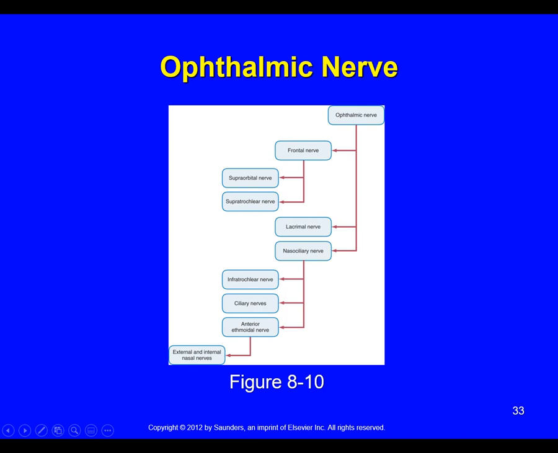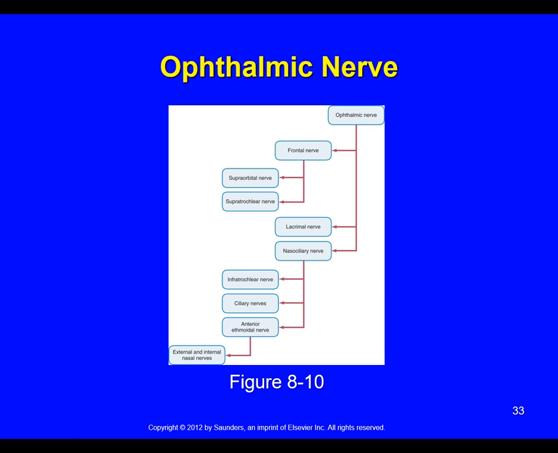Now, for the ophthalmic area, the nerve function or the area innervated is the forehead, bridge of nose, and the lacrimal gland for tears. This is a sensory portion. This V1 is a sensory portion, and it is exiting and entering through the superior orbital fissure.